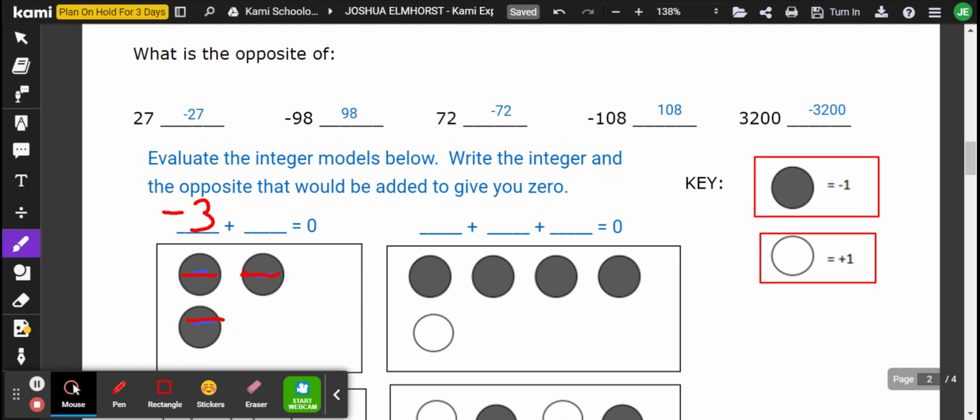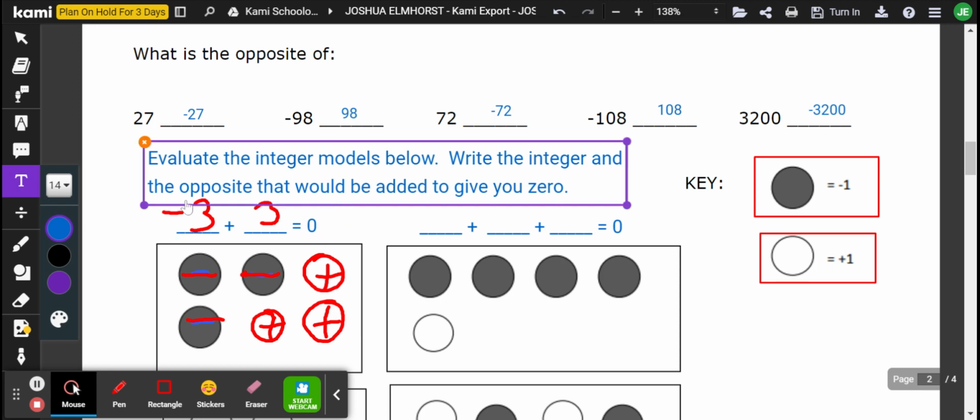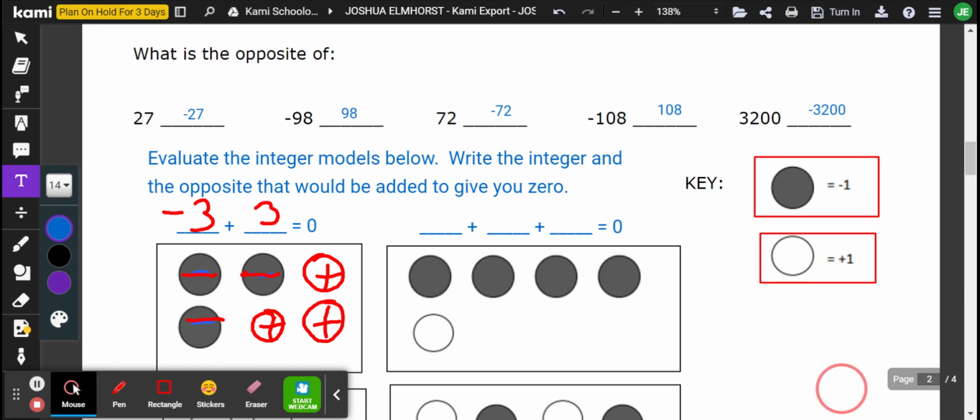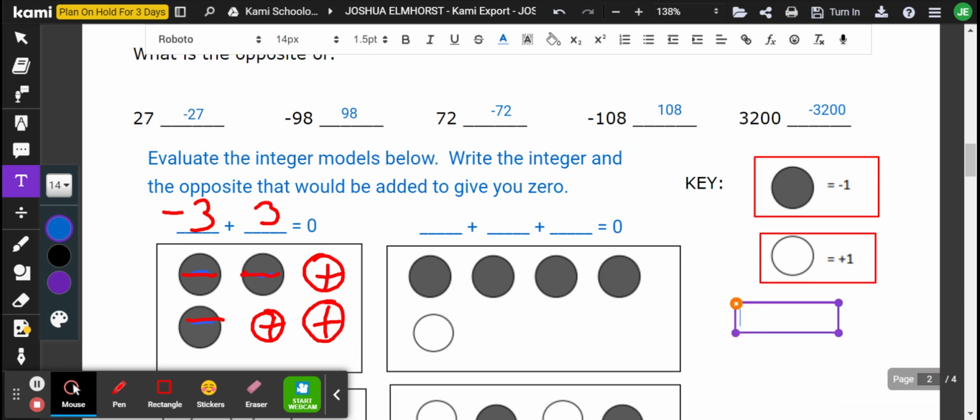And when you have 3 negatives, in order to get back to 0, you would need to add in 3 positives. 1, 2, 3 to give you 0. And this is building the concept of 0 pairs. When given an integer, what would you need to do to that integer to cancel it or 0 it out? So let's make a note over here.